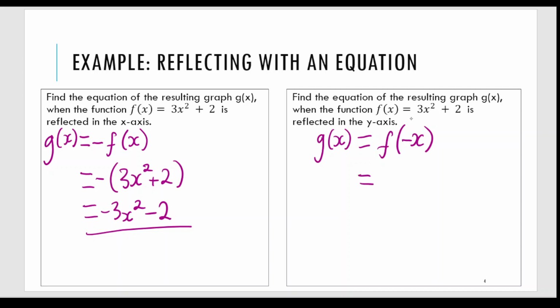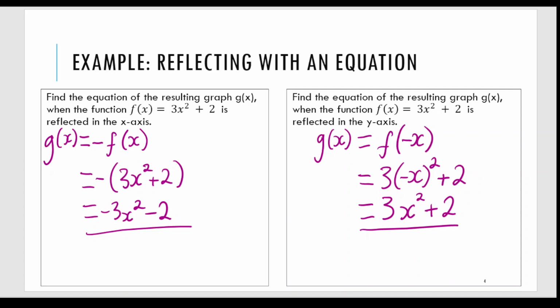Once again, we take our function f of x and we're just going to replace every x in there with negative x. So we've got 3 times (negative x) squared plus 2, which is going to give us 3 times x squared, because negative x times negative x is going to be positive, plus 2.